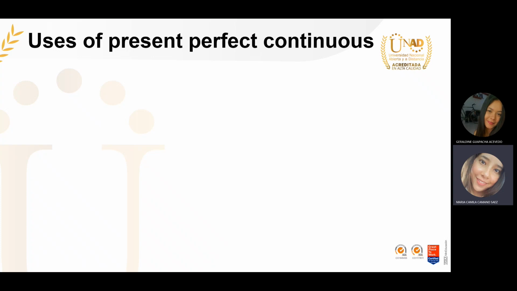Last week we studied present perfect simple, and present perfect continuous is this week. We use present perfect continuous with verbs with ing at the end. The present perfect continuous is used to talk about an action that started in the past but continues in the present.